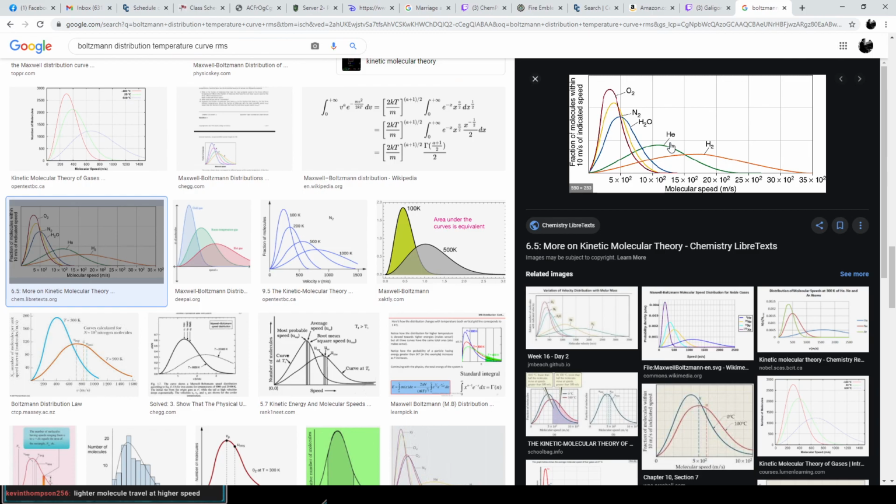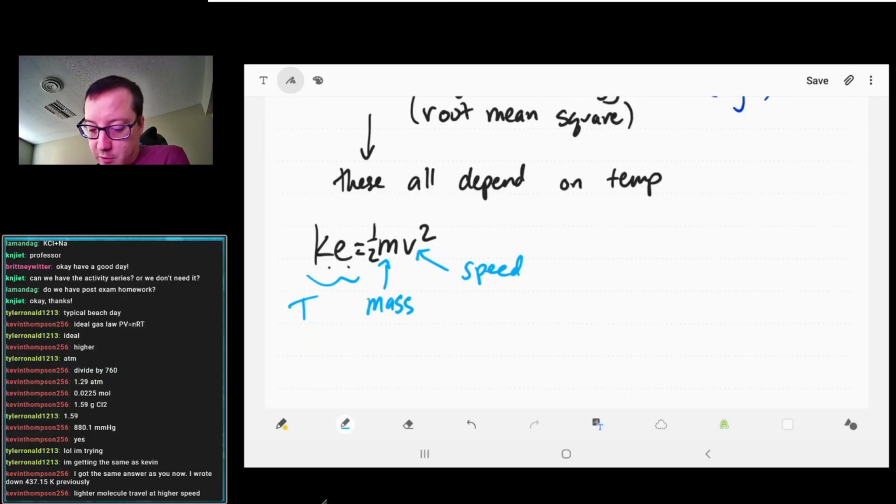So as our molecule gets heavier in terms of molar mass, it's also going to get slower. Does that kind of make sense? Heavy stuff moves more slowly. We can apply that to, you know, a tractor versus a sports car or something. Lighter stuff moves more quickly.